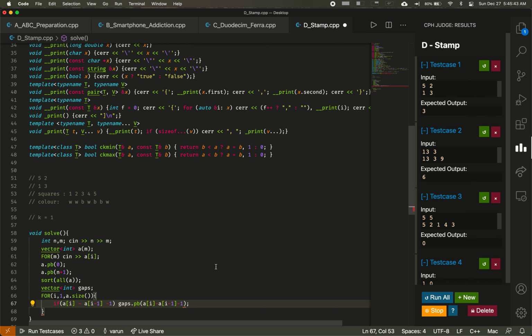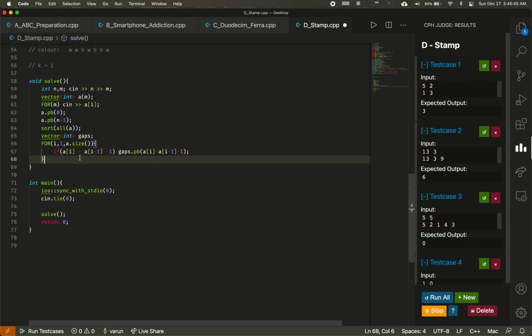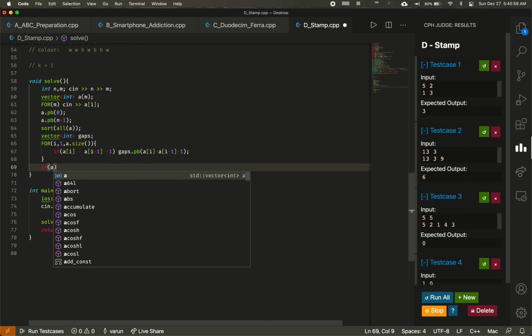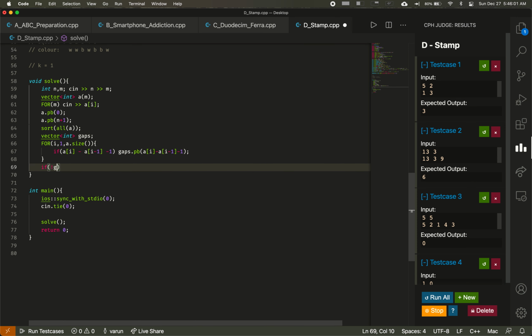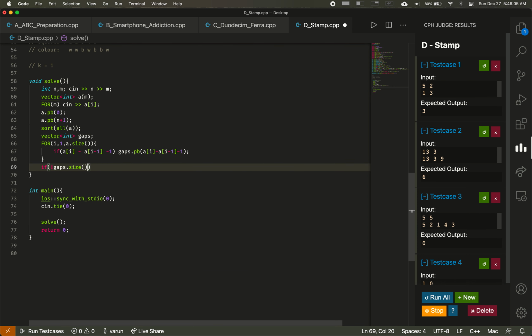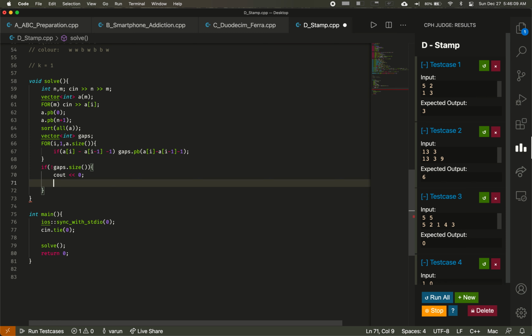Okay, so now that we've made this gaps vector, we first have to check if it's empty. Because if all the squares we're given are blue, then we're done. We don't have to make a stamp at all. So if gaps dot size is 0, then we output 0 and then we return.